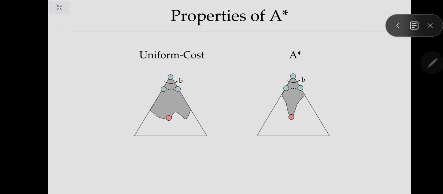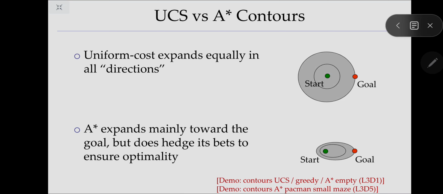As much as you improve the quality of the heuristic, the fringe of A star would be thinner. This is the difference between uniform cost and A star. Another visualization. When you implement uniform cost search, you start from a single node.